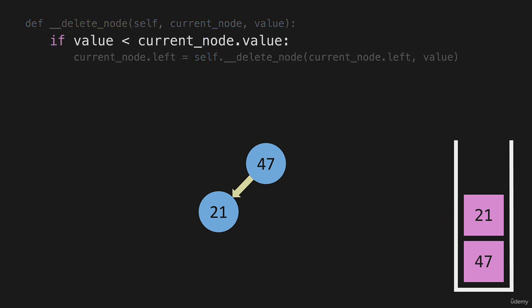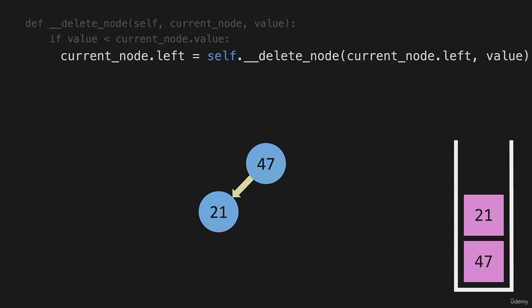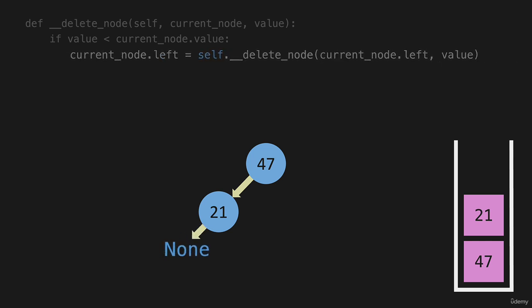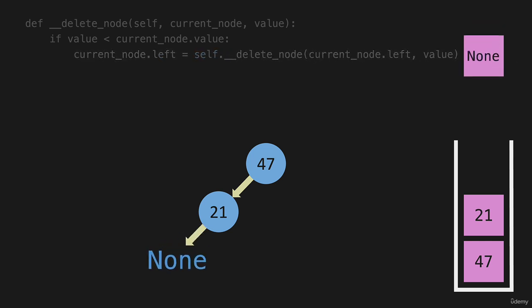So we'll say if value, the value of 18, is less than current node.value, and current node.value is 21, then we're going to set current node.left to be equal to delete node on current node.left. And current node.left is none, so we're calling an instance on none.